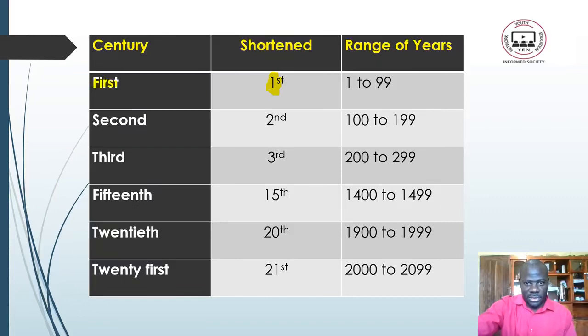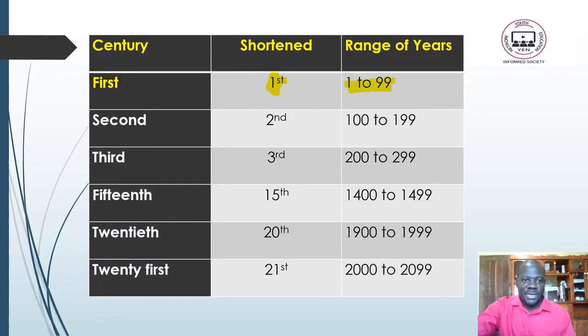The years 1 to 99 are the first century. So when you say the first century, it is implying the years 1 to 99.